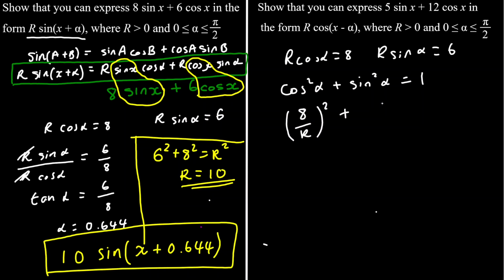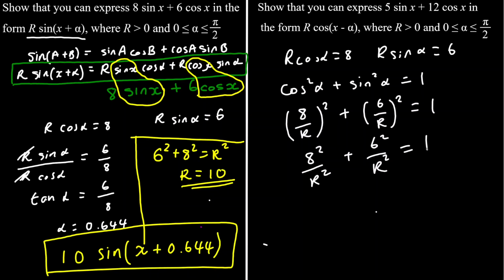Sine alpha is 6 over r. So we have 8 squared over r squared plus 6 squared over r squared equals 1. Multiplying by r squared, 8 squared plus 6 squared equals r squared. So that's where it comes from.